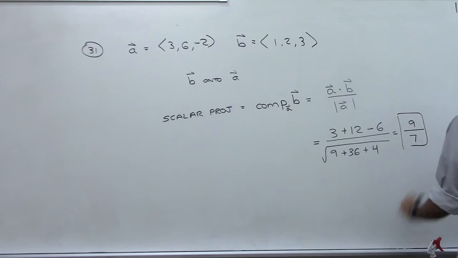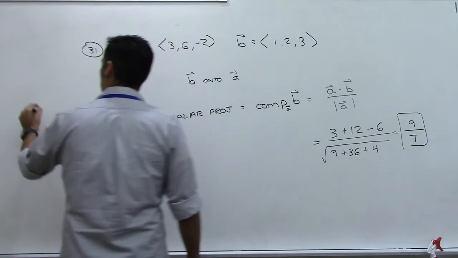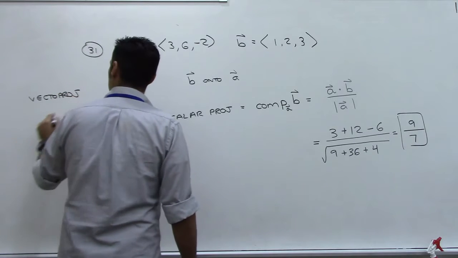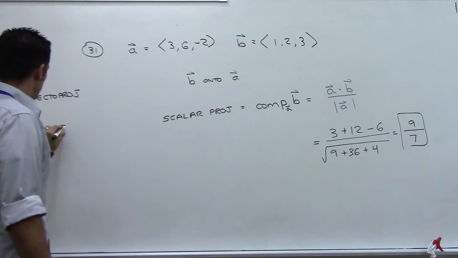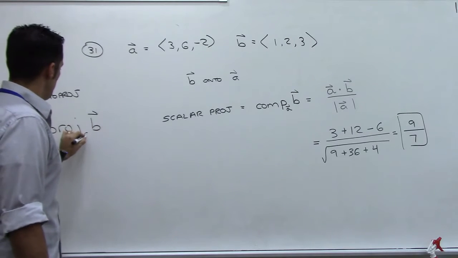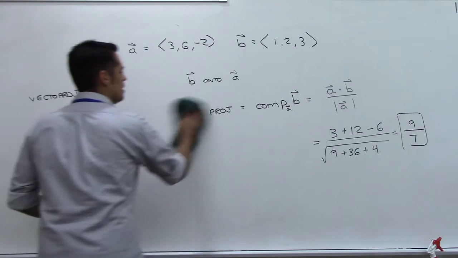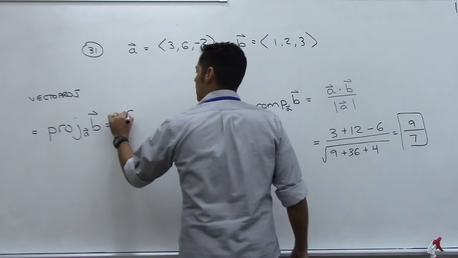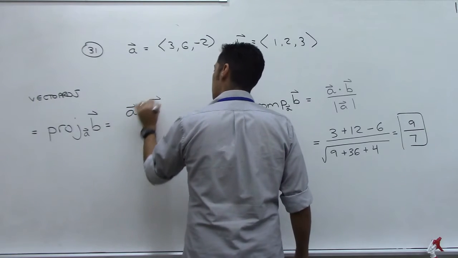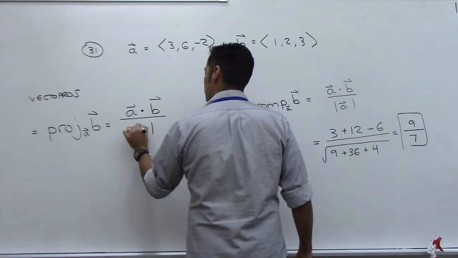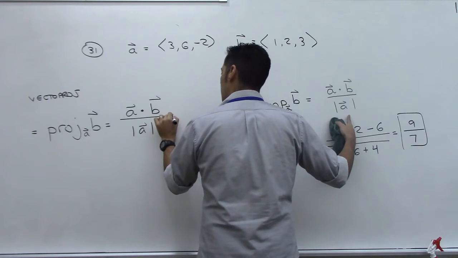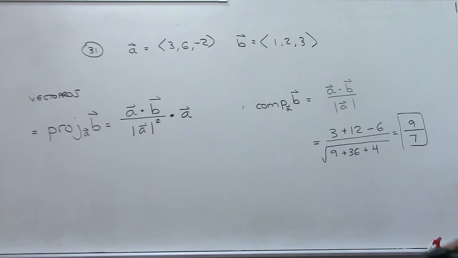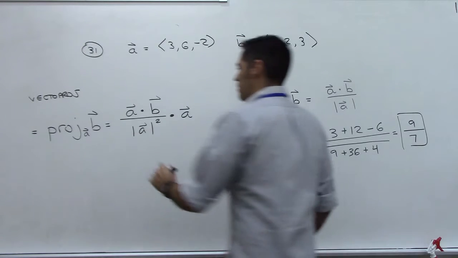And then let's do the vector projection. So the vector projection is going to be equal to, we call it the projection of B onto A. We have a formula for this, very similar to the last formula. It's A dot B over magnitude of A, squared, and then scalar multiplied with the vector A. A lot of this we already have.